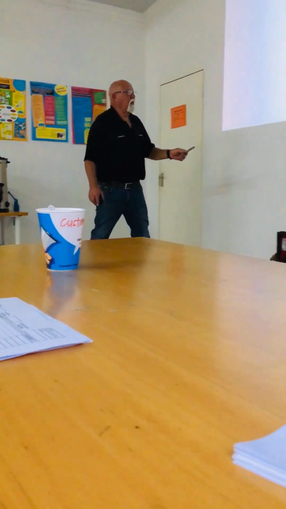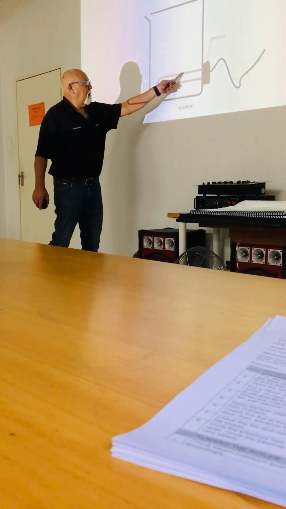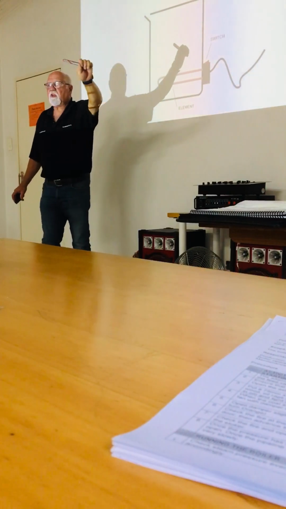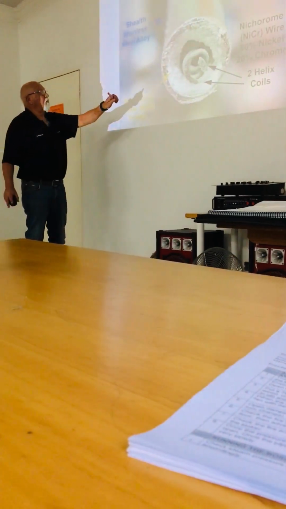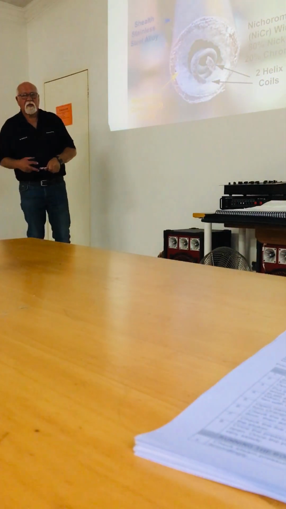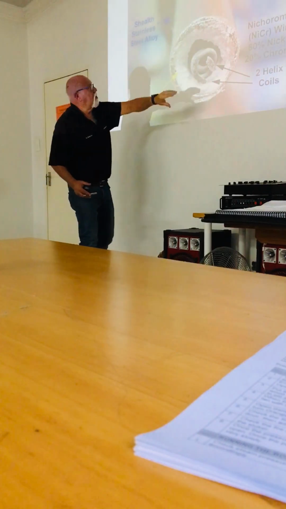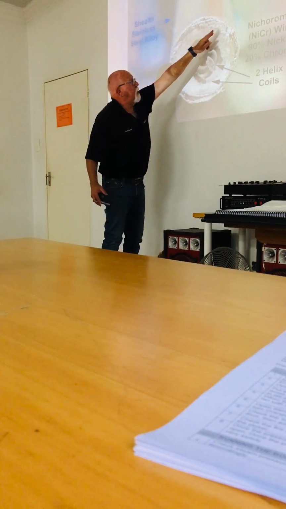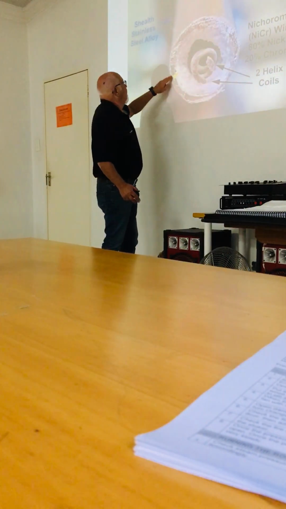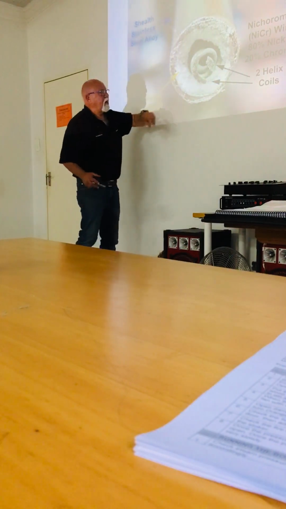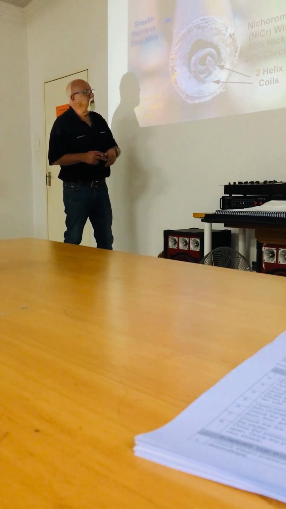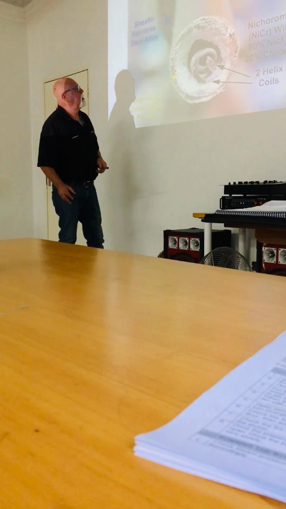So let's cut a piece of this element and turn it around, and I'll show you what it looks like. That's what it looks like. So let's look at what we've got here. First of all, we've got a metal pipe with probably about 1 to 1.5 millimeter wall thickness. You guys are with me when I talk about wall thickness?